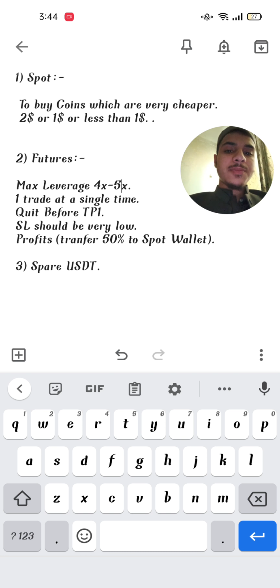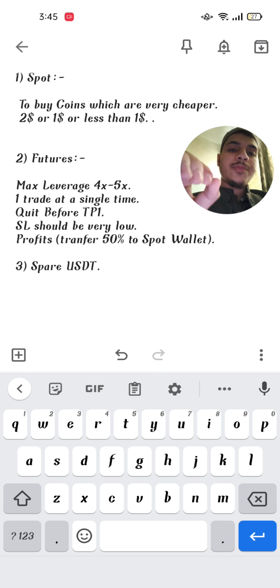So from that profit, you keep on transferring 50% into your spot wallet. By this you'll be saving your profits. If you keep it in the future wallet, it is still at high risk.